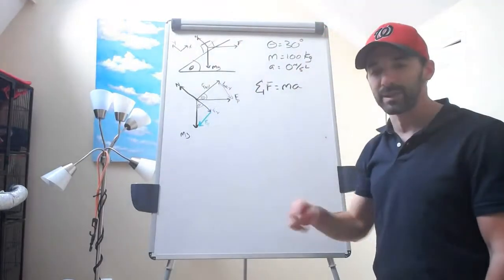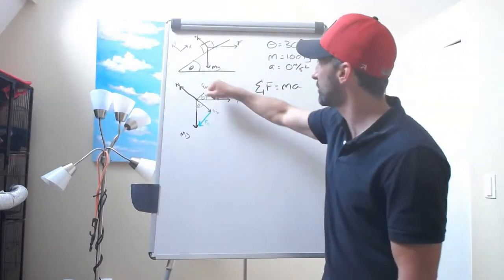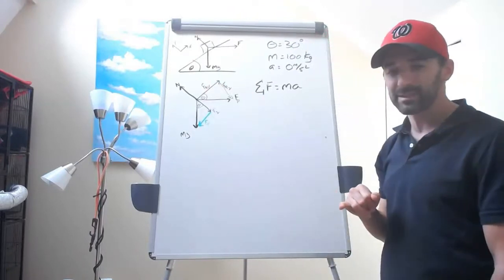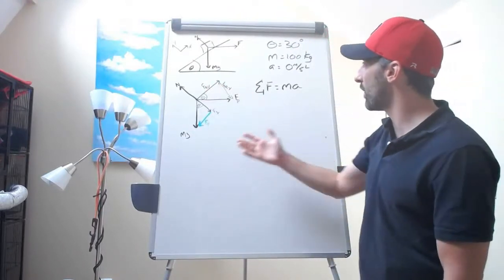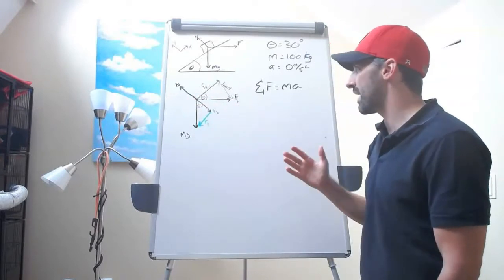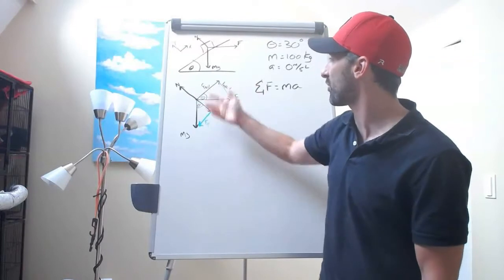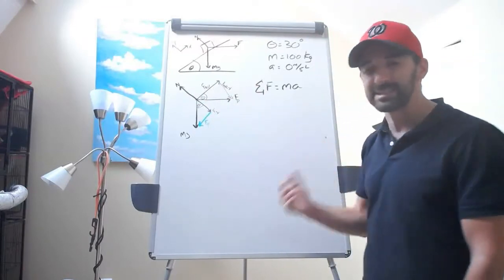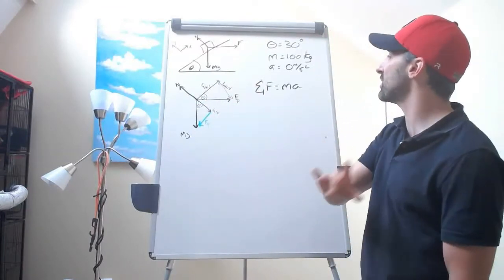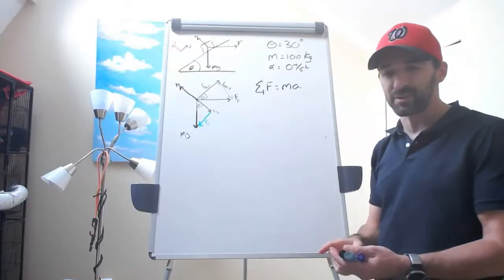Why am I going to do that? For two reasons. One, I only got two forces, so that makes it a little bit easier. Two, it actually doesn't really matter which one I do first, but I have no idea how I want to deal with all three of those forces, so it's just going to be easier for me. And you'll see why we actually have to do this first, part A.